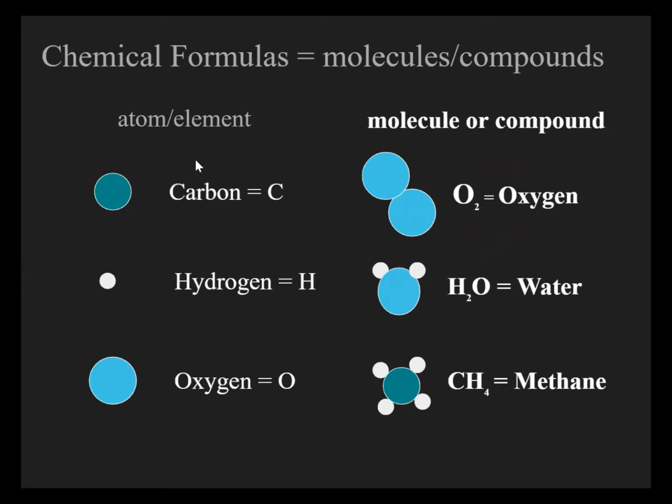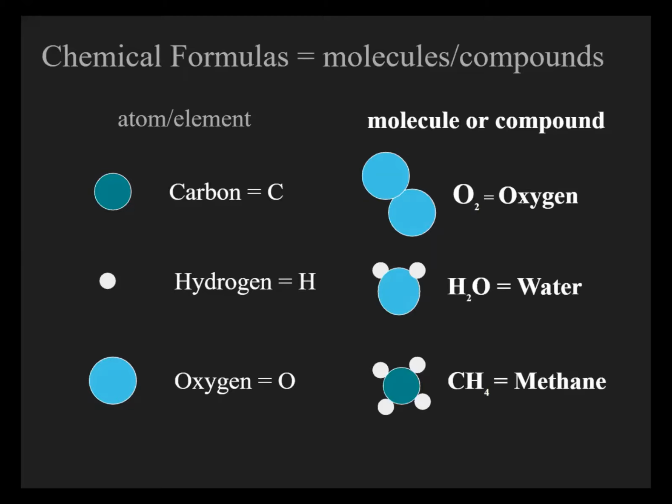Here we have our symbols and atoms. And over here we have molecules or compounds. The difference is that molecules and compounds have more than one atom chemically bonded together.